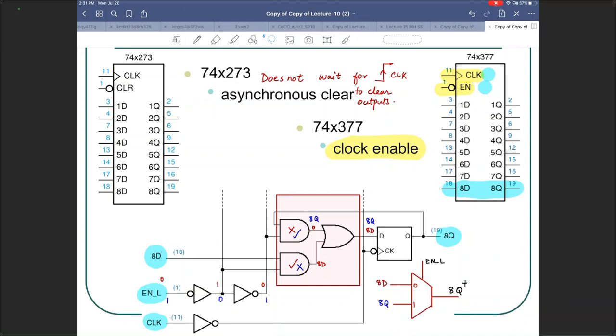One of the inputs is the new input, 8D, and the other input is the previous state, 8Q. So if it is disabled, it will keep feeding back what it was earlier. If it is enabled, then it will feed in the new data into the register.